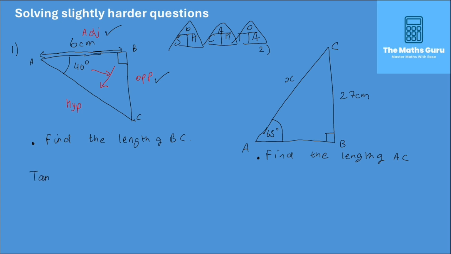So tan theta equals our opposite, which is our x in this case, x centimeters, over our adjacent, which is going to be 6. And in this case, our theta is 40, so tan 40. So x is going to be equal, if we times through by 6 on both sides, 6 tan 40. Putting this into our calculator, we get our x to be equal to 5.03 to 2 decimal places.